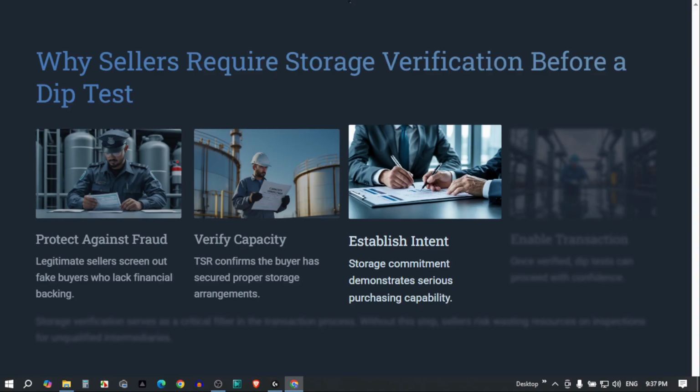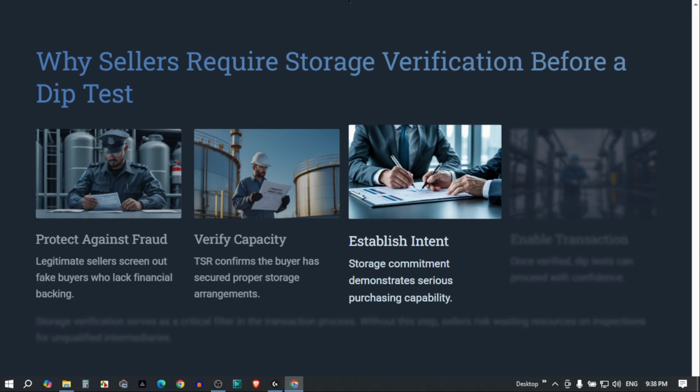Next, serious buyers make real commitments, establishing intent. When a buyer sets up proper storage, it shows financial strength and true intent. This is one of the key ways you can separate legitimate players from middlemen or dreamers, right?